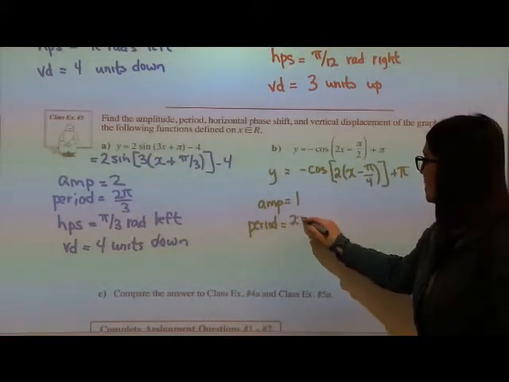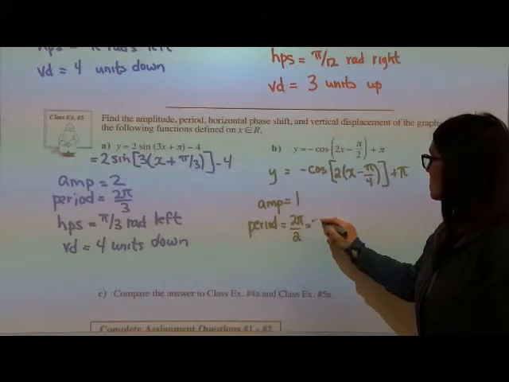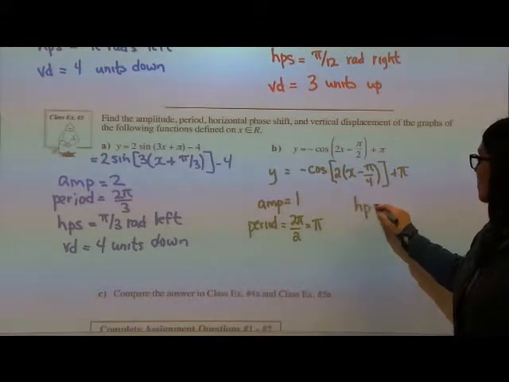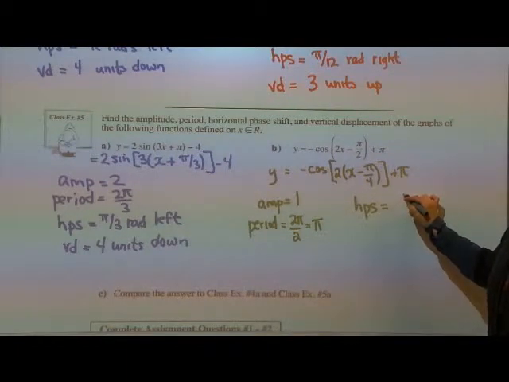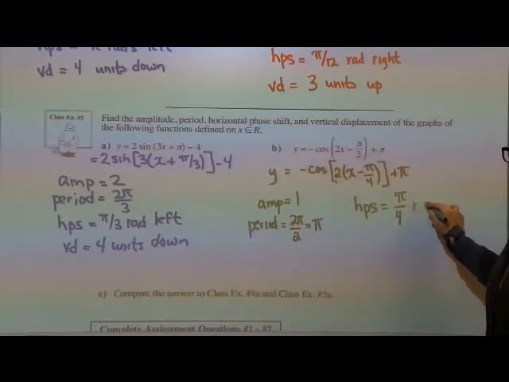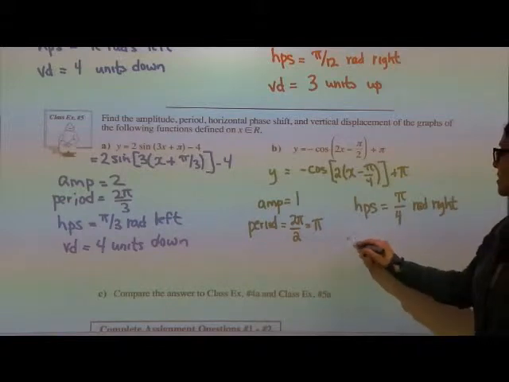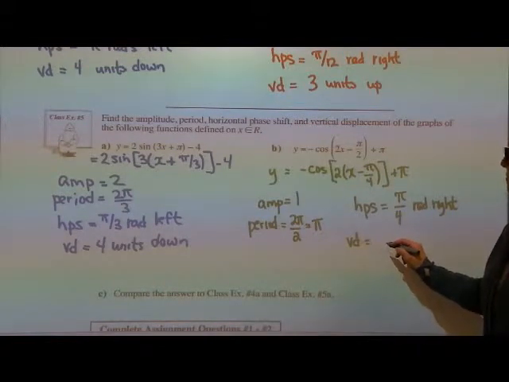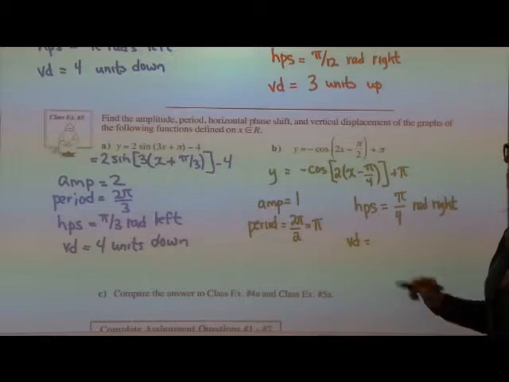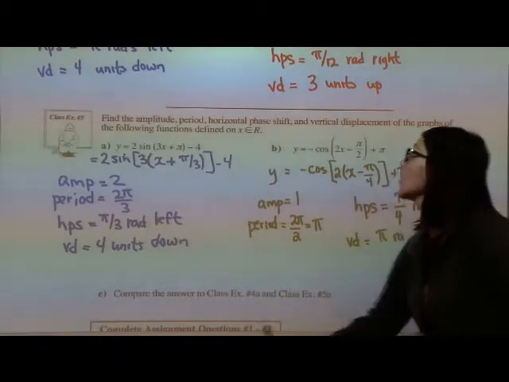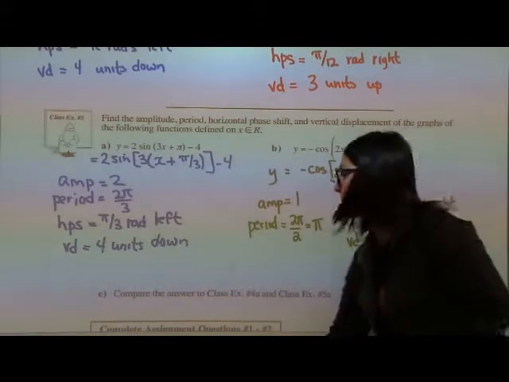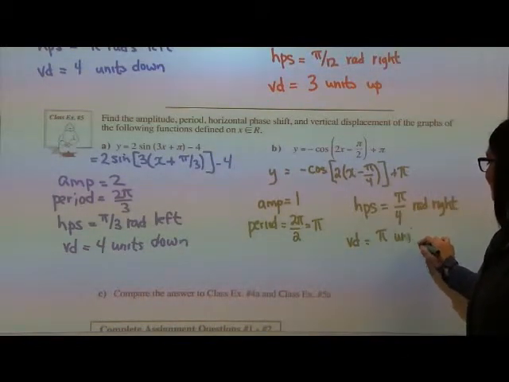Pi, because it's 2 pi divided by 2. Horizontal phase shift. Pi over 4 radians, right? And the vertical displacement. 8 units up, or pi radians up. Pi units up. Is it units?